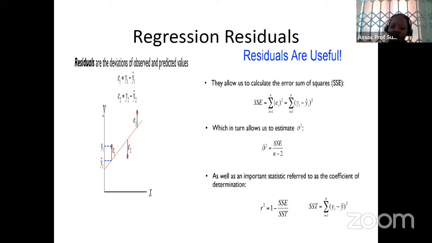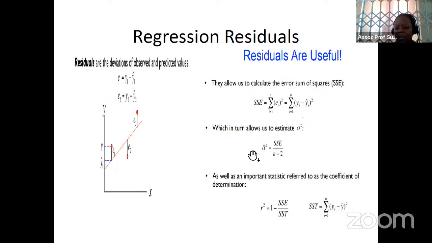So residuals are useful. They allow us to calculate the sums of squares. The error sums of squares is what we use to test whether there is a linear association between y and x, or the response and the predictor. So this is the formula for computing the error sums of squares. We shall see this later.